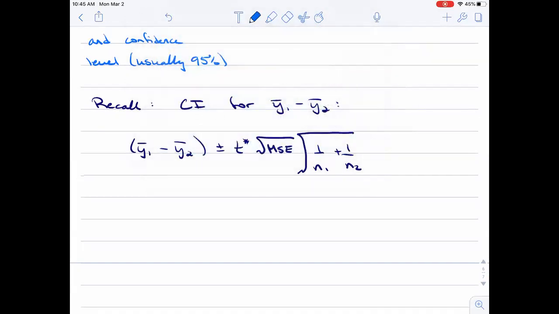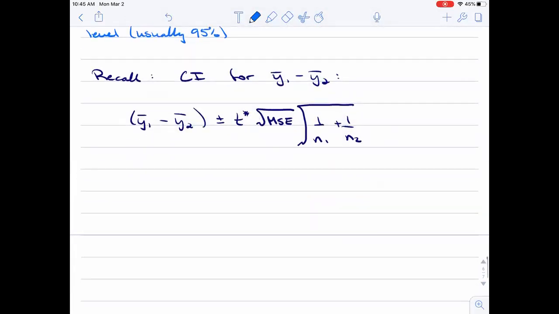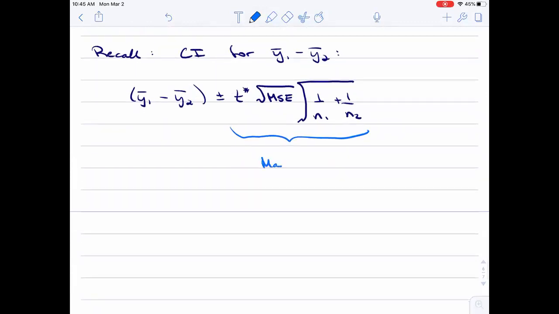So this is our margin of error, which is our LSD, if you want to call it that.